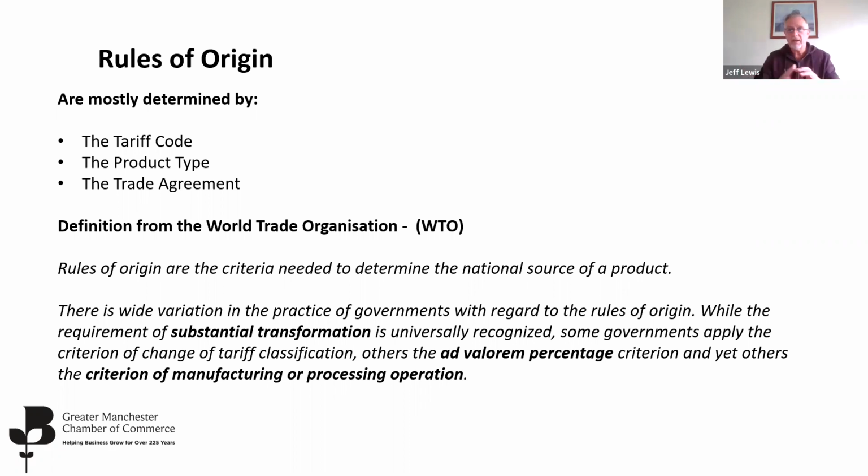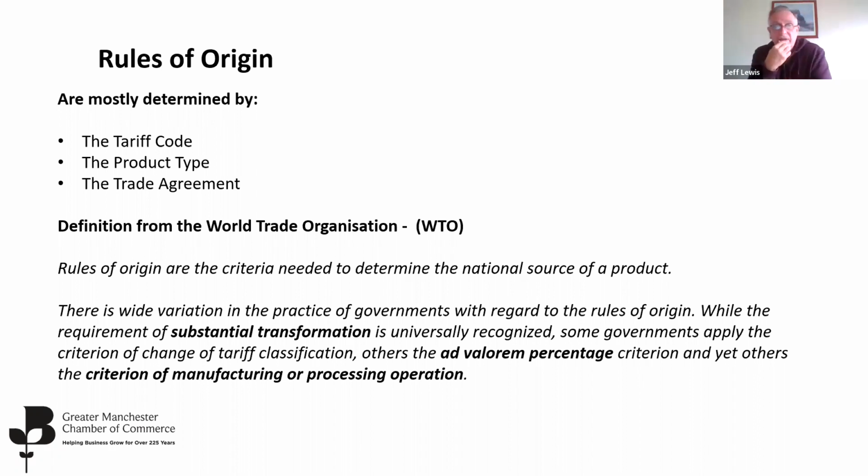If you simply are clipping two things together, you're simply putting a logo on a t-shirt, then the rules of origin will dictate whether or not that is a sufficient enough process to qualify the goods of being substantially processed within the UK, and obviously then to be able to be classified as UK origin.